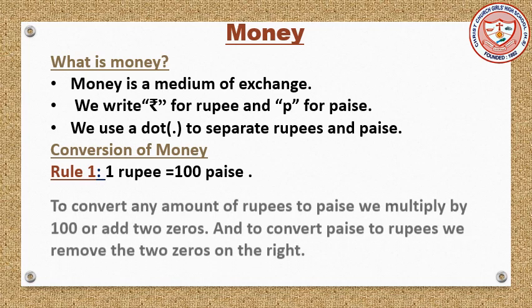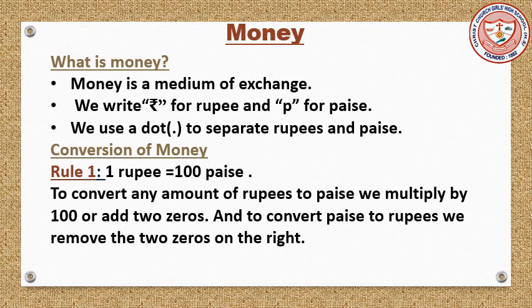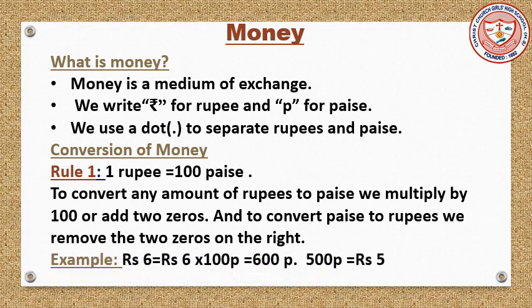To convert any amount of rupees to paise, we need to multiply by 100 or add 2 zeros, and to convert paise to rupees, we simply remove the 2 zeros on the right.